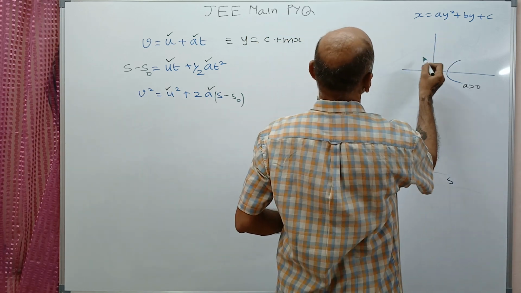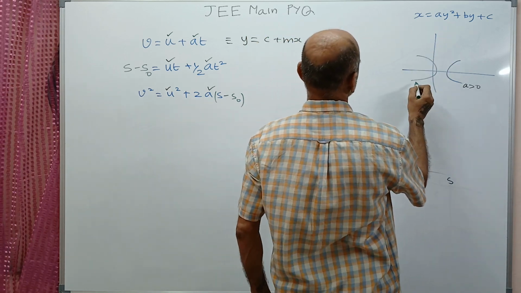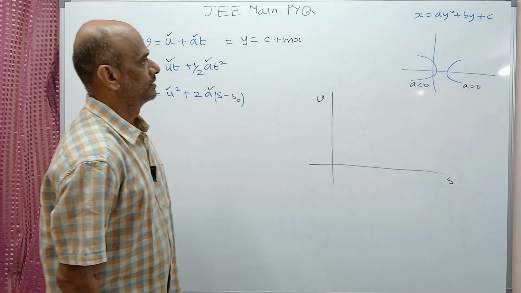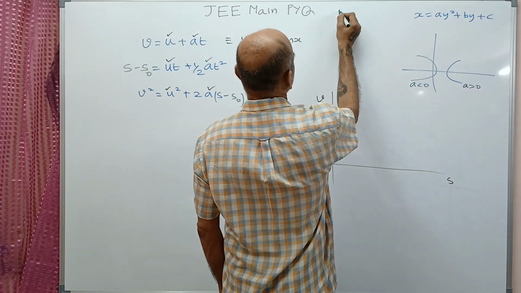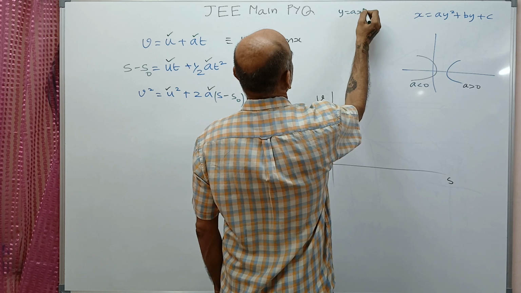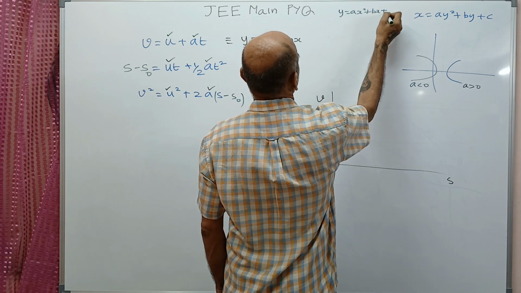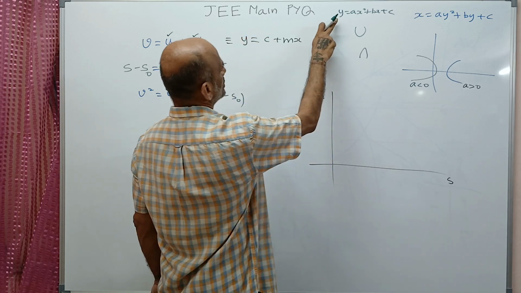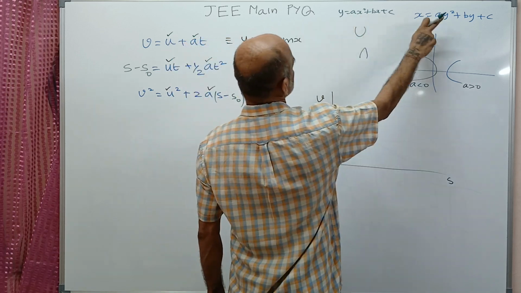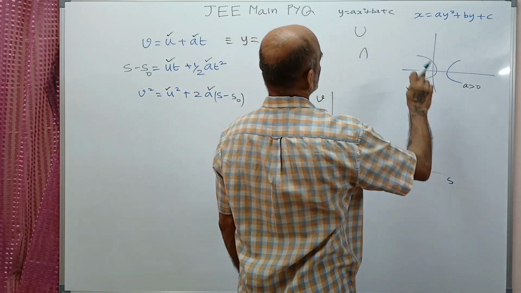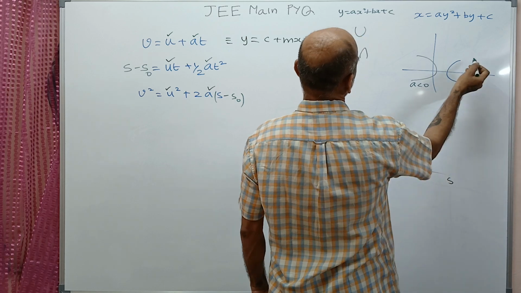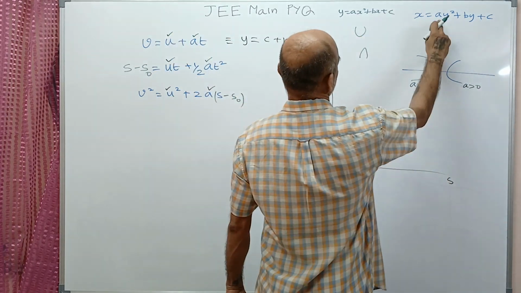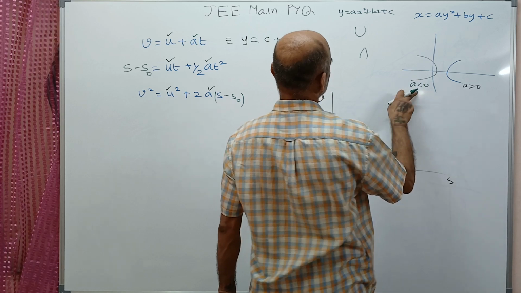If a is negative, it looks like an inverted, reflected C. Like y equal to ax squared plus bx plus c, the parabola looks like a U or inverted U. Here we are interchanging x and y, so the parabola will be about the y-axis. So it looks like a C if a is positive, and a reflected C if a is negative.